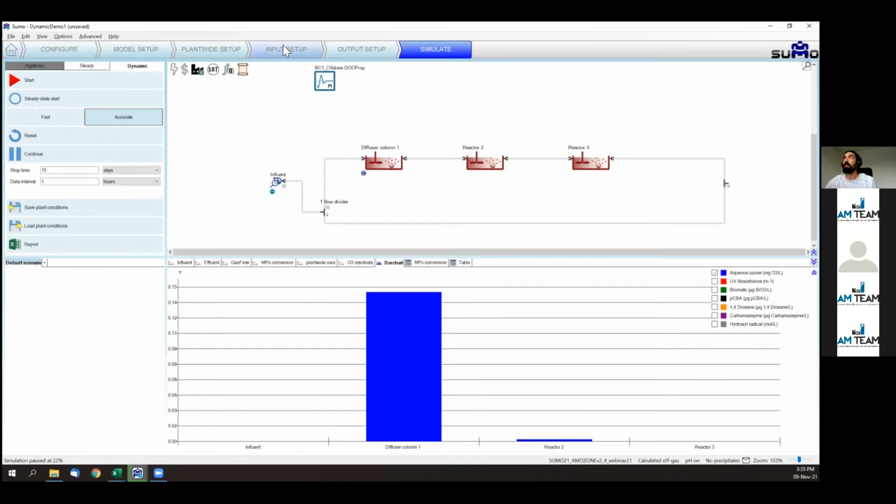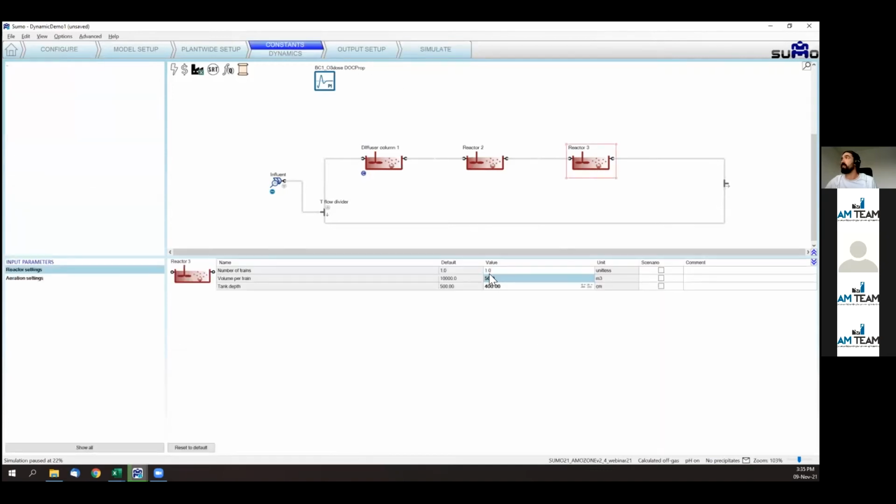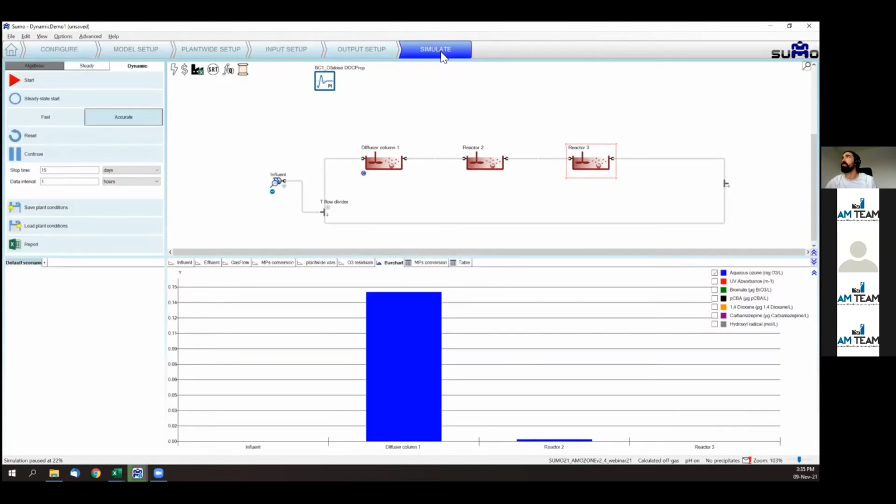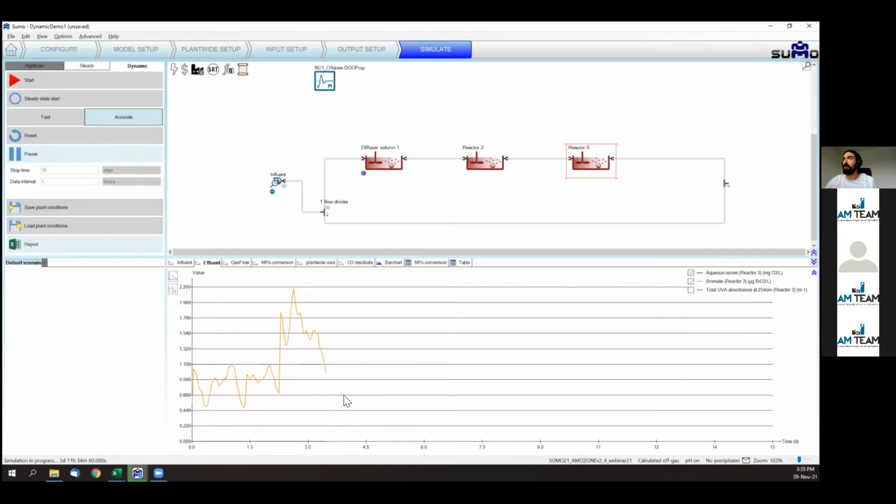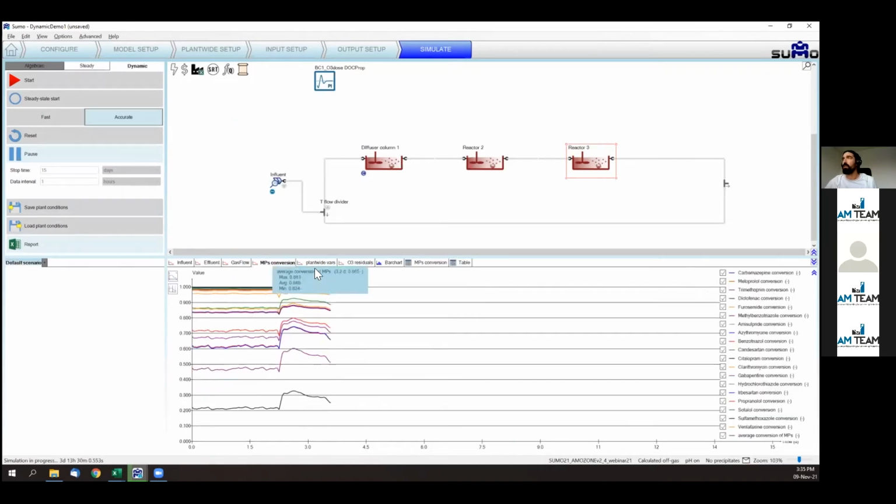So we could actually sensibly reduce the size of the installation. Here I'm making just a change, reducing the whole installation volume by 30%, and then we can continue the simulation here, and then we can watch how that reflects in terms of micropollutants removal.